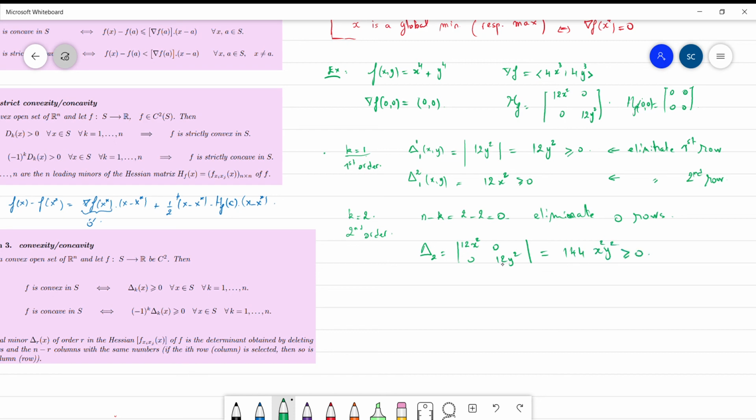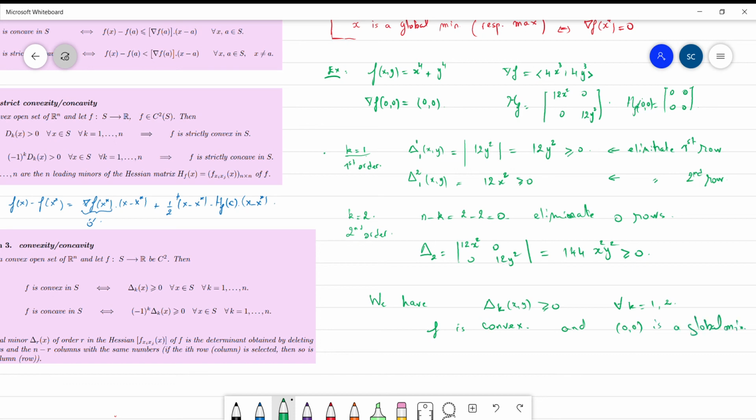So we have delta k of (x,y) positive for any k, for any order. Then f is convex, and (0,0) is a global minimum.